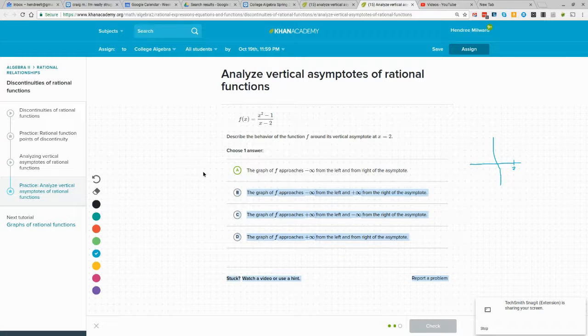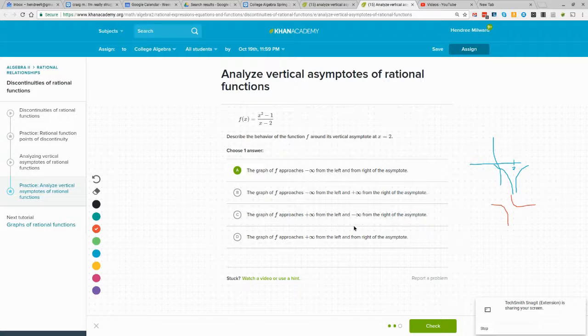The first one is going to be the graph falling off to negative infinity, both as I'm approaching from the left and as I'm approaching from the right. So the second one is negative infinity to the left, positive infinity to the right. So that would be something more like this. Negative infinity from the left, and then positive infinity from the right.